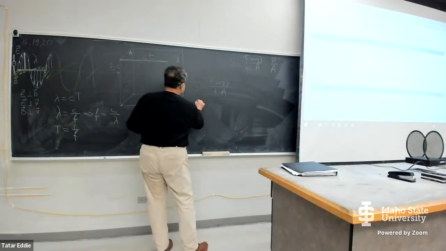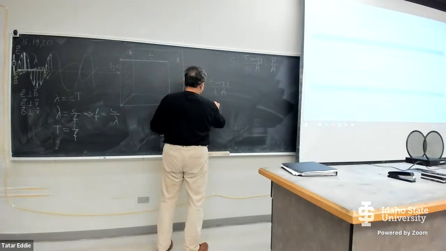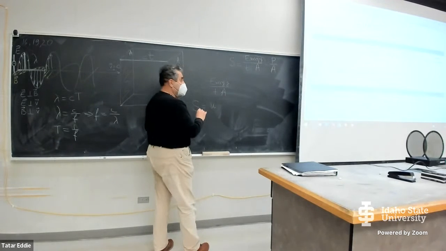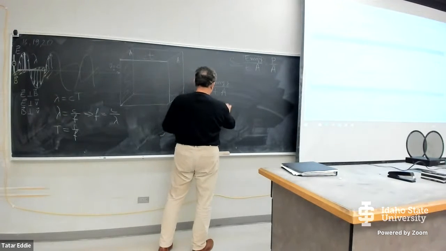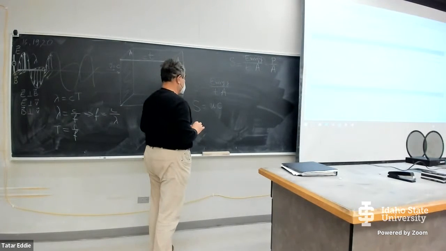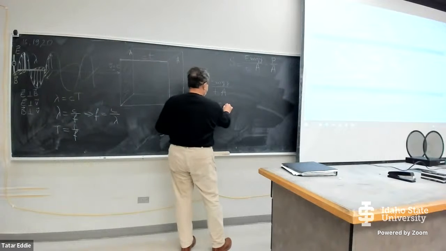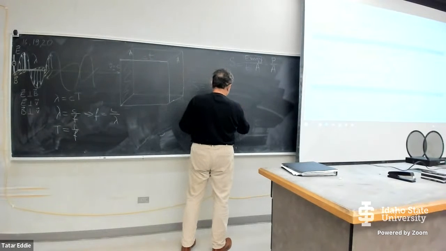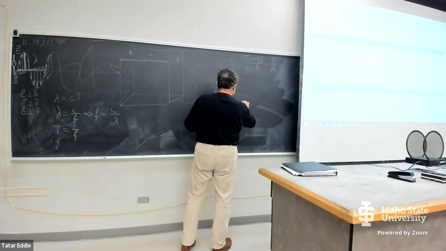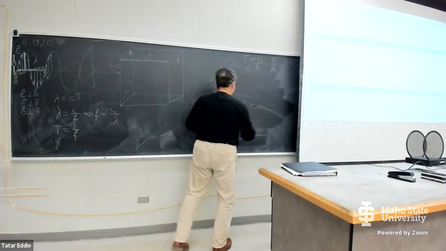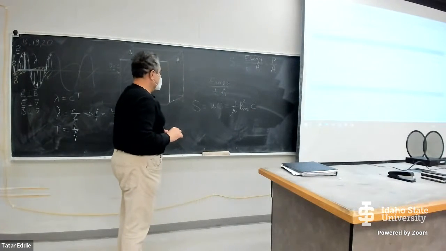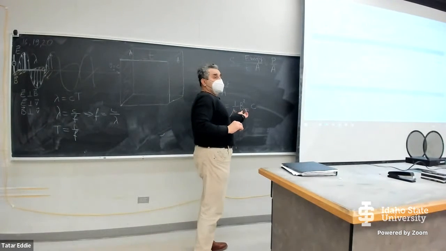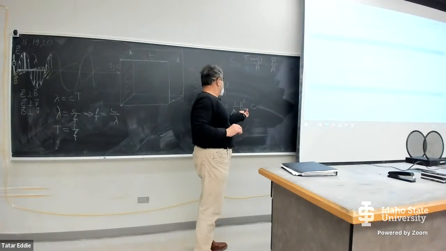But you know that the intensity of the electromagnetic wave is energy density multiplied by the speed of light, which can be expressed as 1 divided by mu naught times B RMS squared times the speed of light. They give you the magnetic field RMS value.